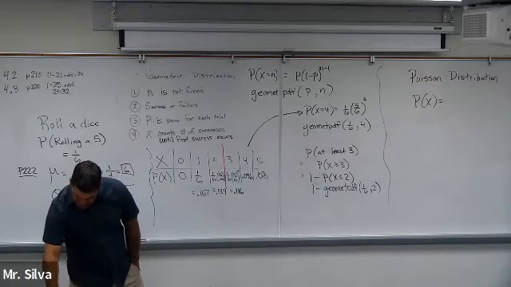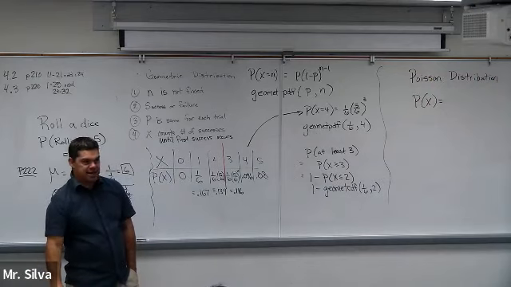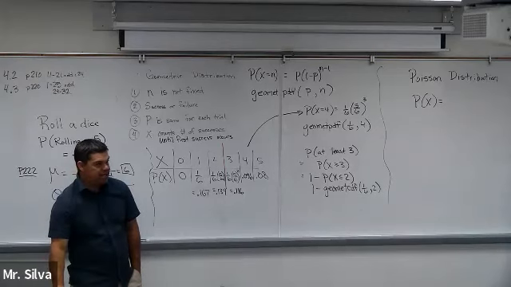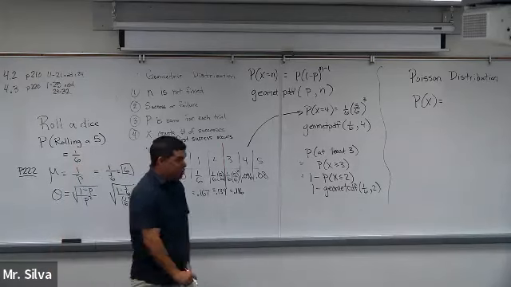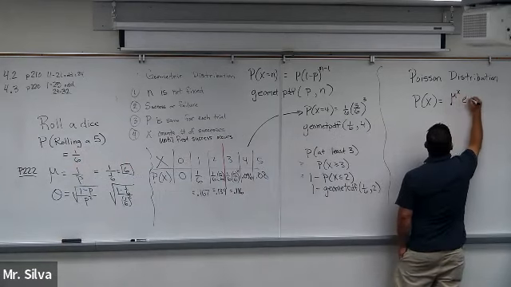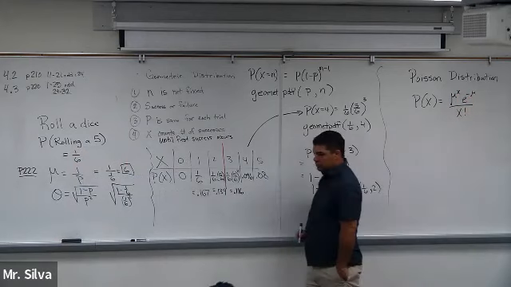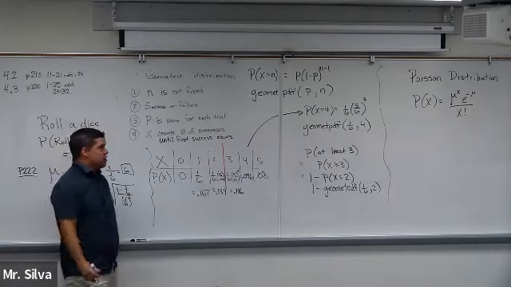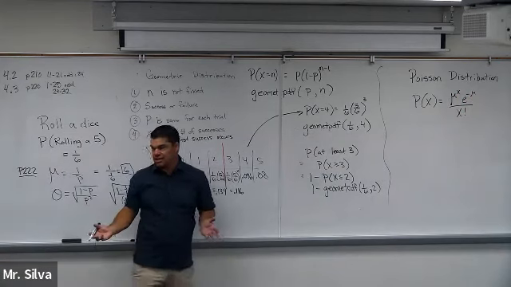In the Poisson distribution, you're given the mean number of ways an event will occur. X counts the number of successes. Mu is the mean. Mu raised to the x, e raised to the negative mu, over x factorial. That's the formula.